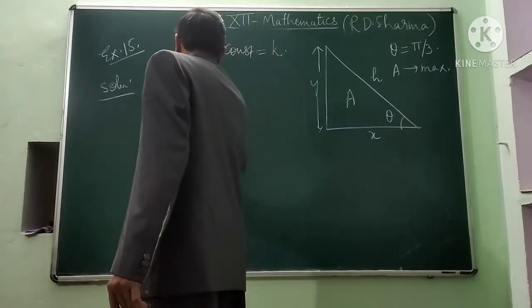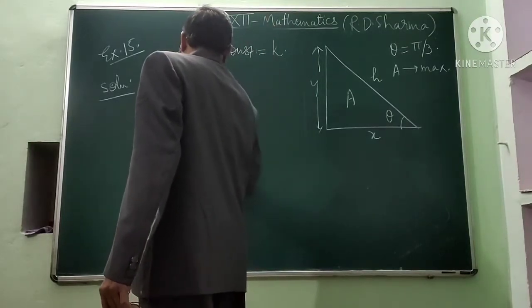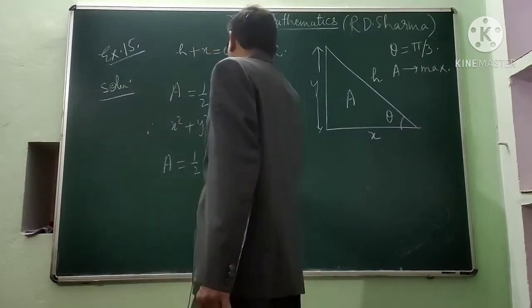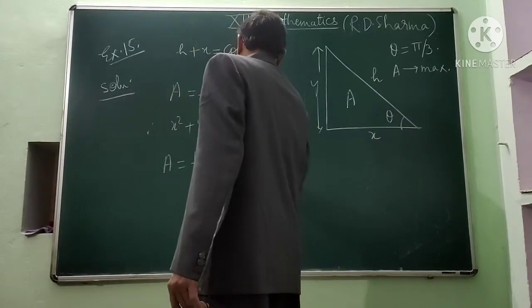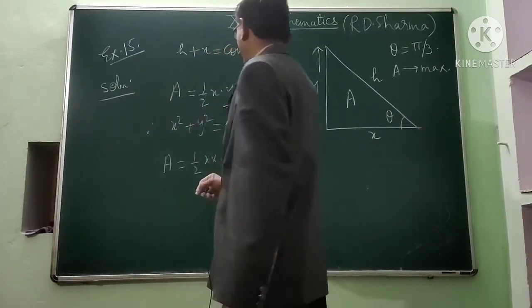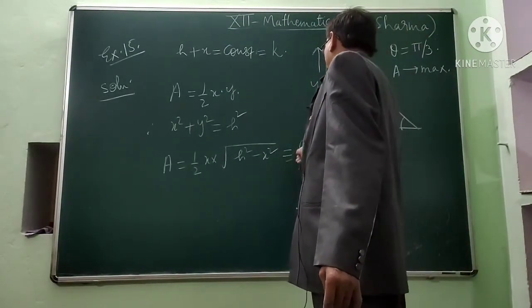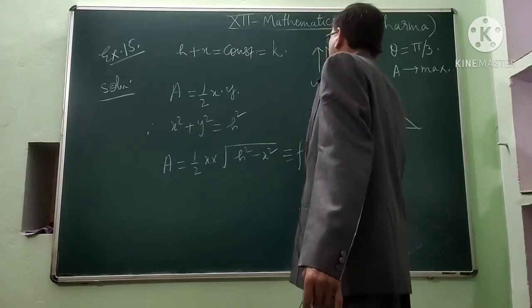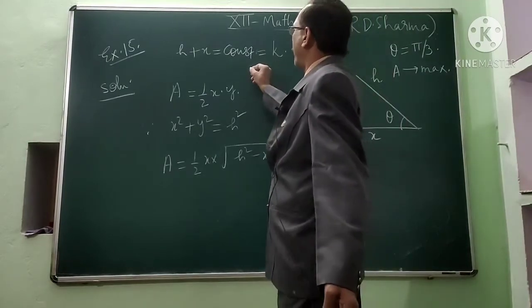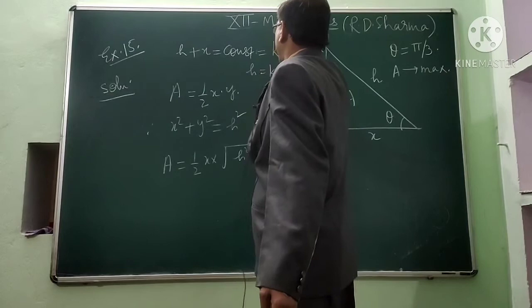So A equal to 1 upon 2 x, and the value of y is root of h square minus x square. It is a function of x and h. We will find the value of h. It is k minus x.